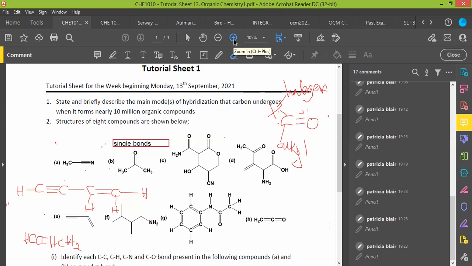So if it is a bromine atom attached here, this molecule becomes an acyl bromide. If what attaches there is a chlorine, it will become an acyl chloride. That is this functional group.